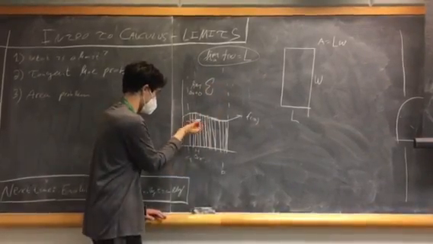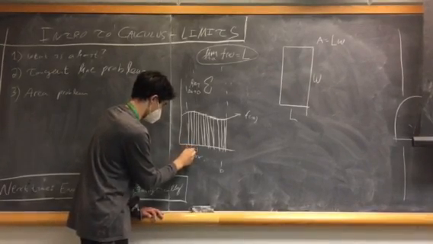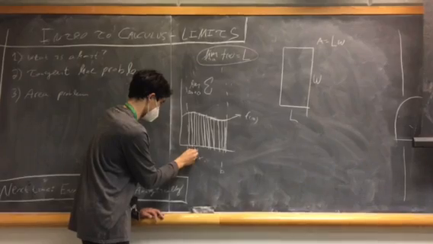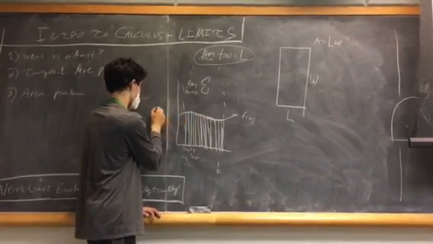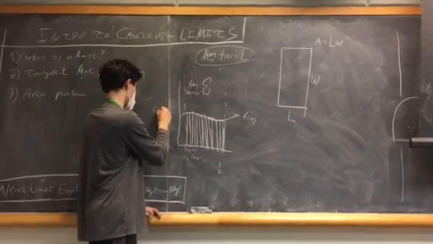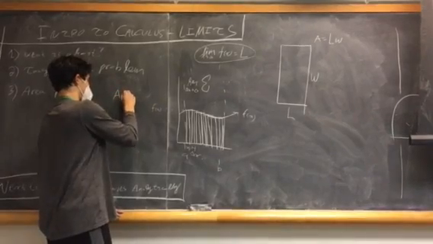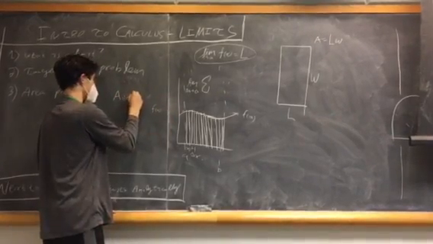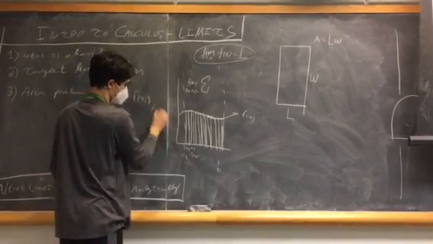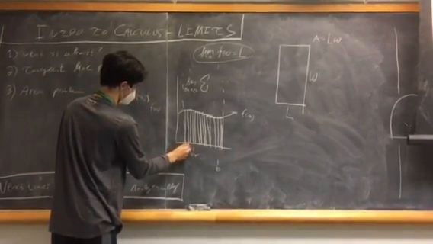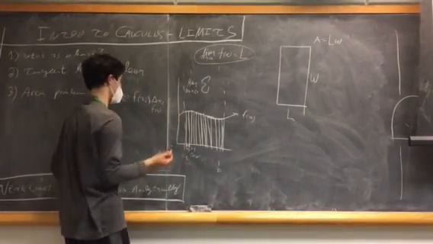Now let's see the area of a rectangle here. We have our x value, x of i, and then f of xi is our y. So our area, Ai, for the ith rectangle is equal to f of xi times whatever this delta xi here is.